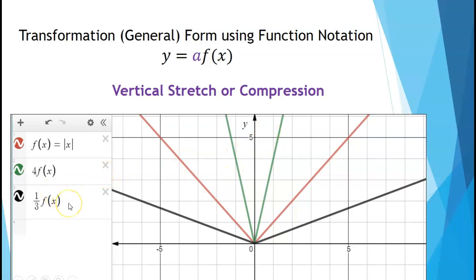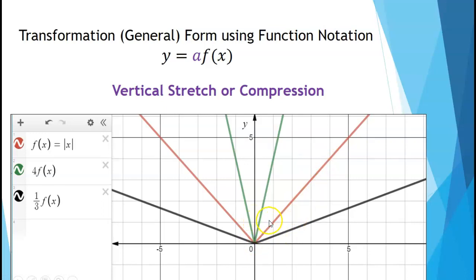If, on the other hand, I'm looking at a fraction here between 0 and 1, that is a vertical compression, and it will change the slope of my parent function from 1, up 1 over 1, to 1/3.